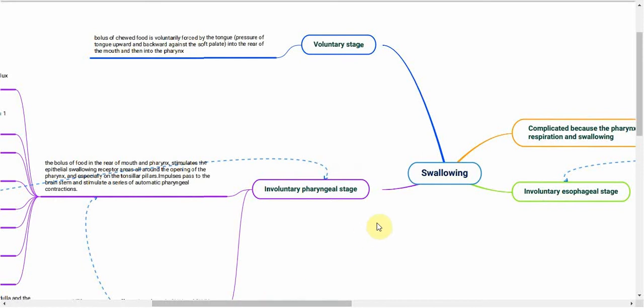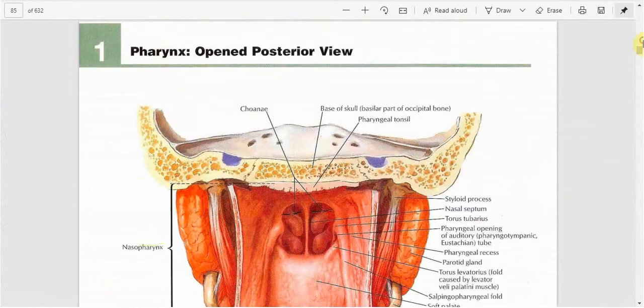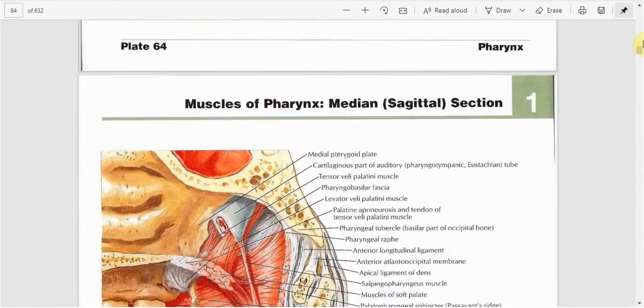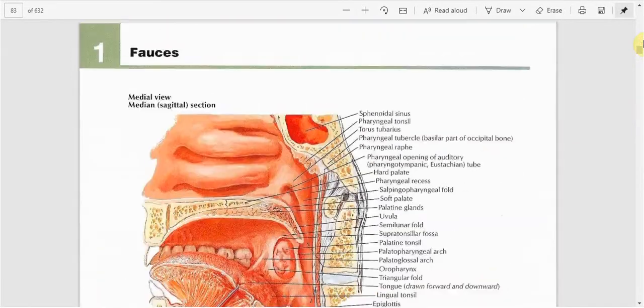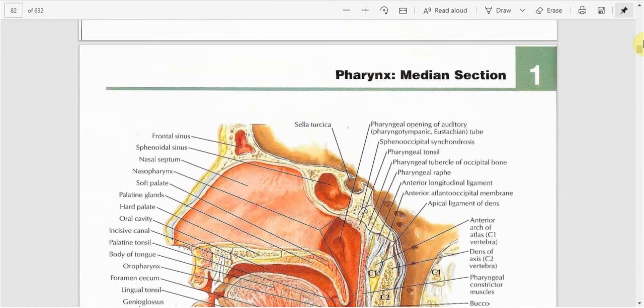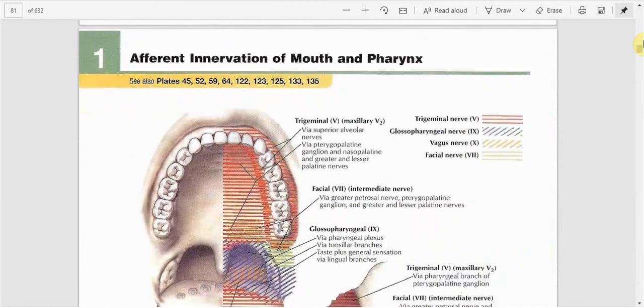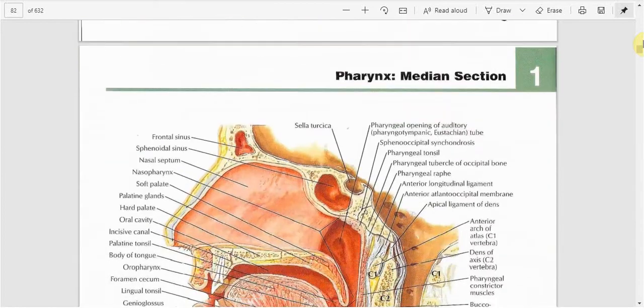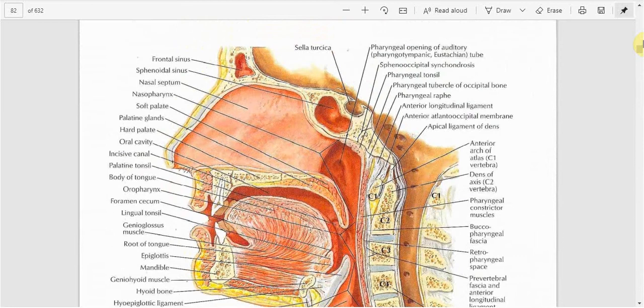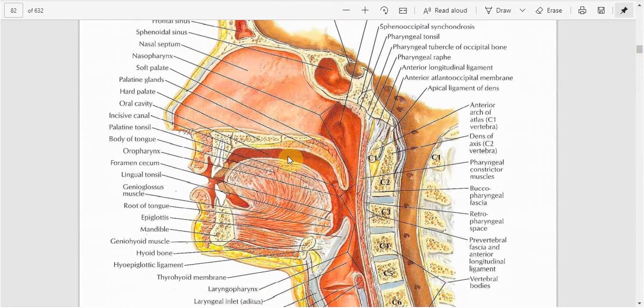So I happen to have pictures with me and I'll show you a couple of things. This is the muscles of the pharynx shown, and these are the various views of the pharynx. So this is the mouth cavity, this is the tongue, this is the soft palate, this is the rear of the mouth.